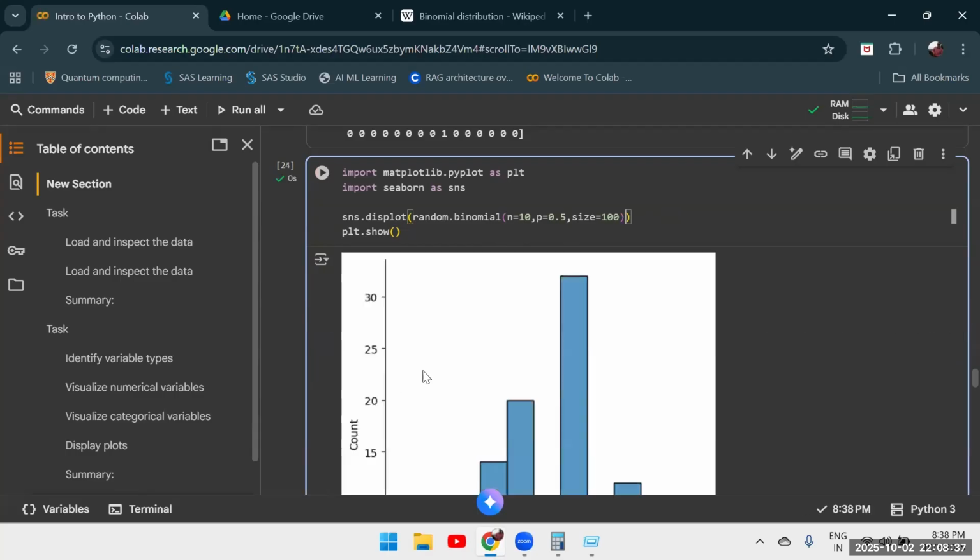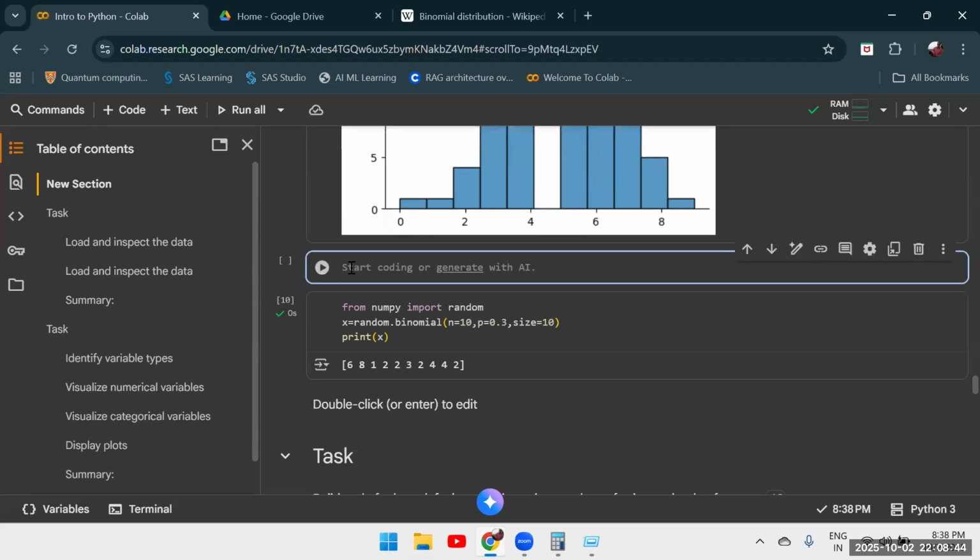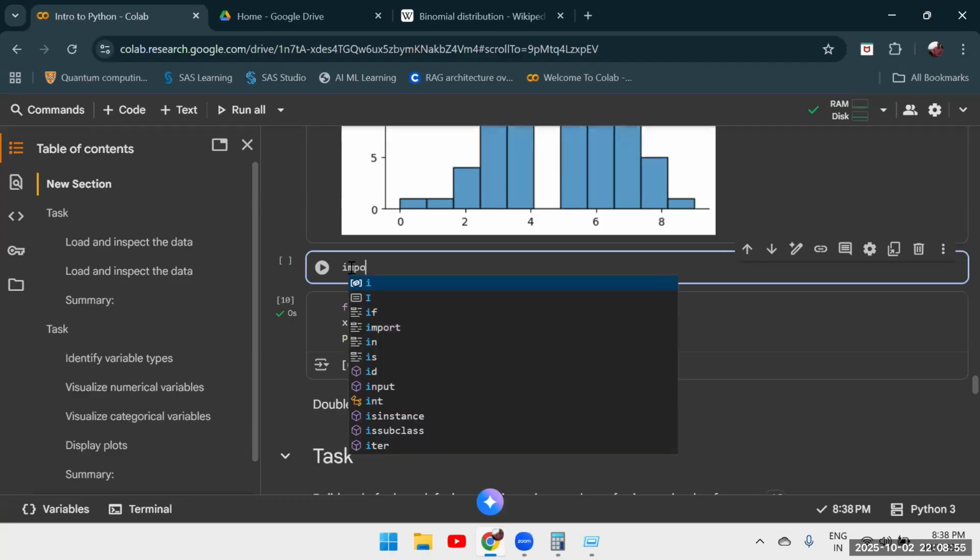I'll show a distribution of both normal distribution versus binomial distribution. Since we already have imported matplotlib and others, seaborn alone I will import.